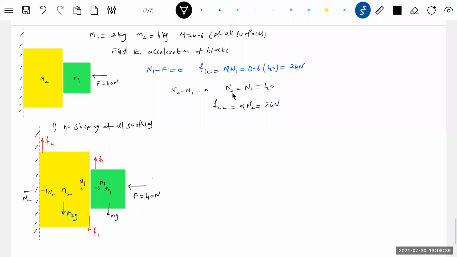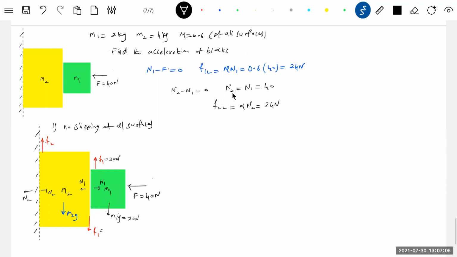Okay, the limiting frictions at both the places are equal to just 24 Newton. Then the weight of the block, we have some very nice information there. M1g is how much? This will be 20 Newton. Here 20 Newton can act.